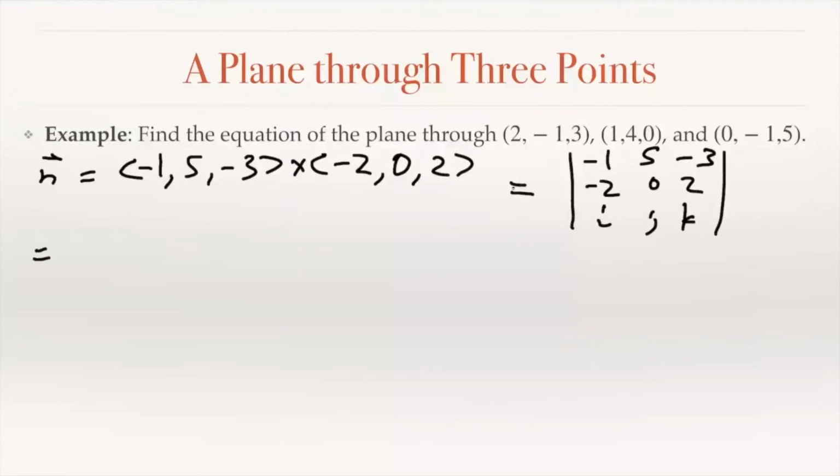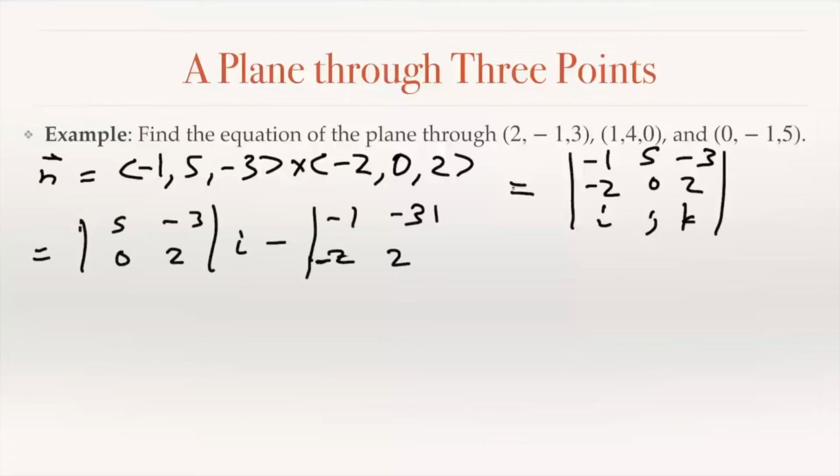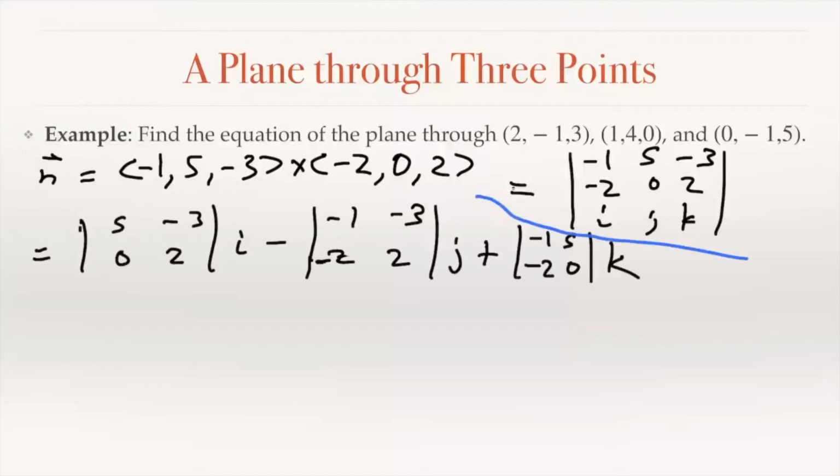And expanding, that is 5 minus 3, 0, 2, I minus 1 minus 3, minus 2, 2, J, plus minus 1, 5, minus 2, 0, K. We just clearly separate those.